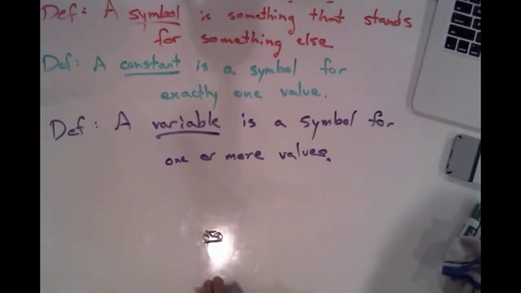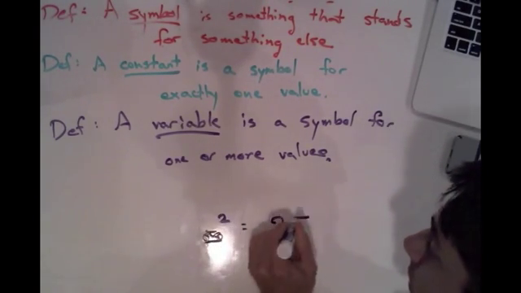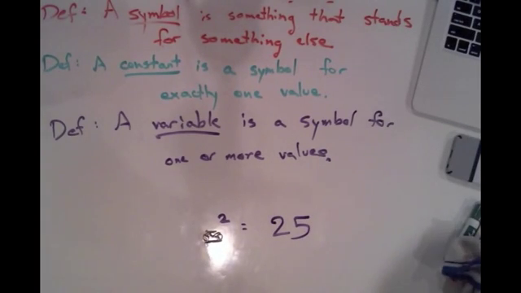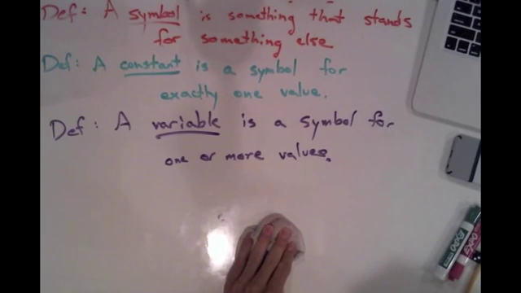This bicycle is a symbol for both 5 and -5. This bicycle is a variable. Oops.